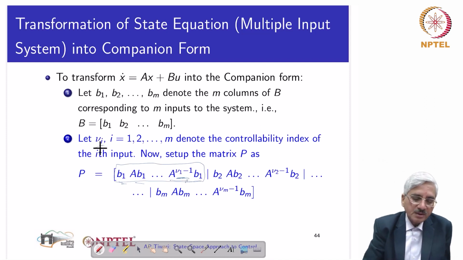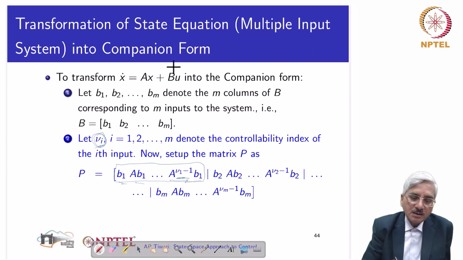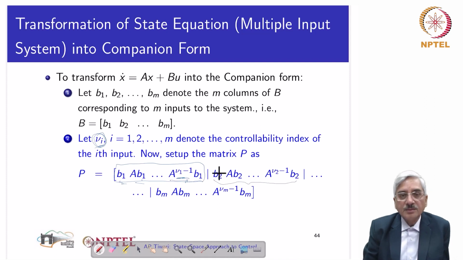So for each input there is a controllability index, and that many columns will be independent. So the input 1, the column 1 in the B matrix, leads to B1, AB1, etc., A^(nu1 minus 1) B1. Similarly, the input 2 will lead to columns B2, AB2, etc. up to A^(nu2 minus 1) B2.